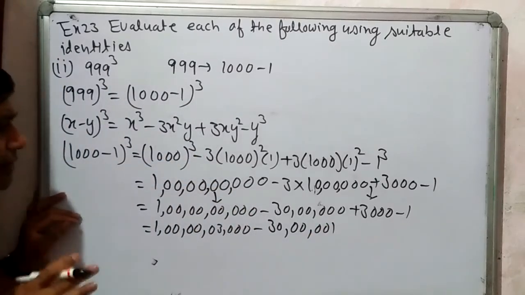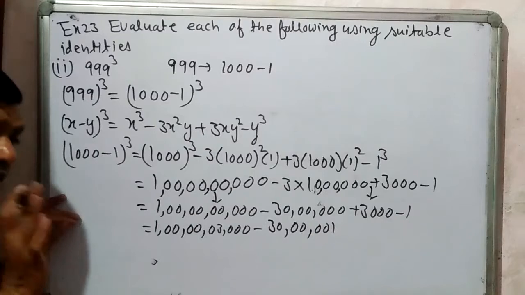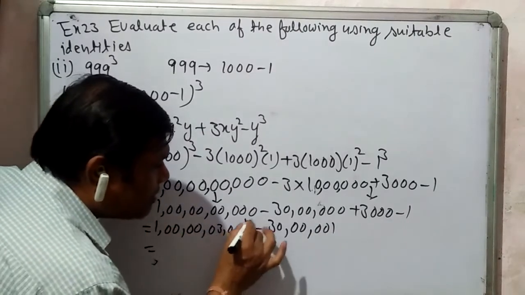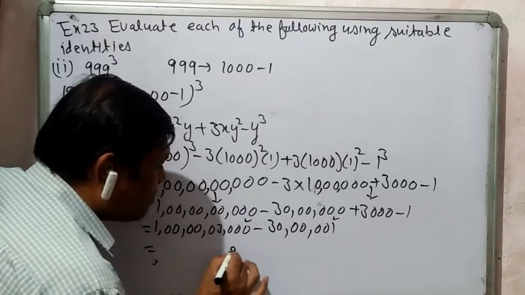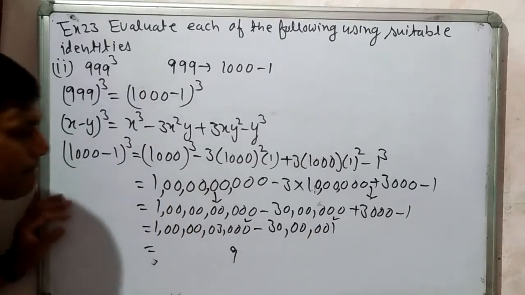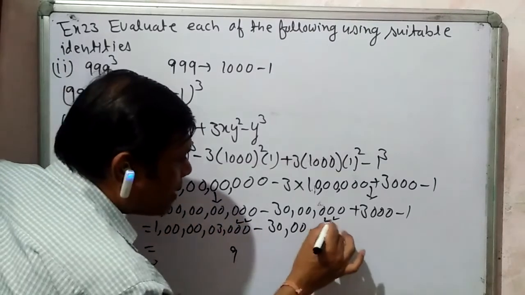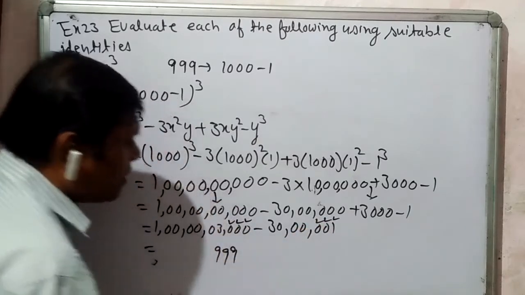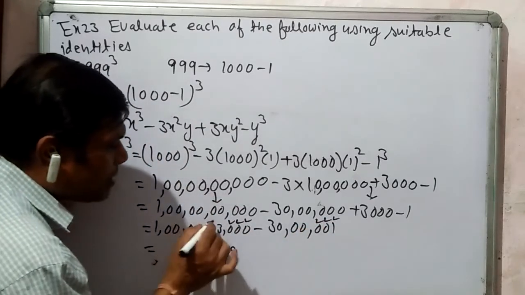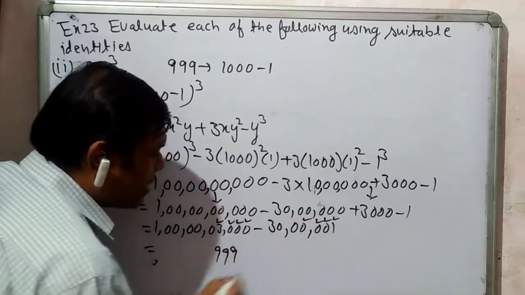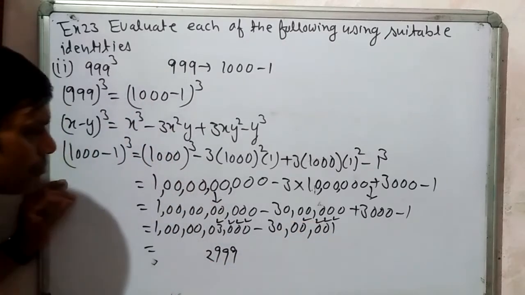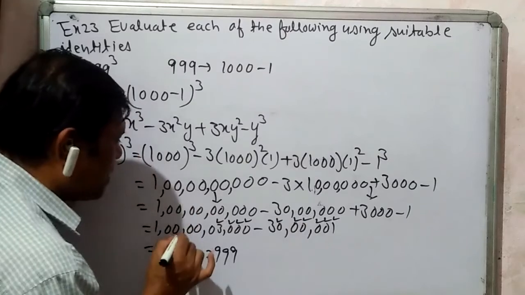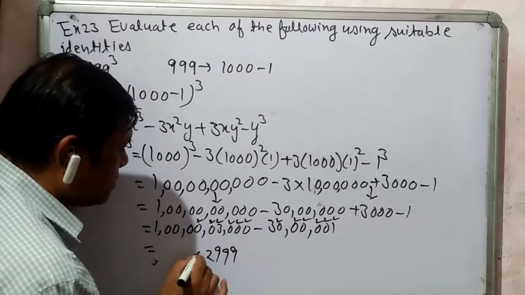Now you can subtract them separately in the rough or directly. Start from the ones place. 10 minus 1 will be 9. This will become 9. 9 minus 0 is 9. 9 minus 0 is 9. This 3 has remained as 2. So 2 minus 0 will be 2. Rest, how many places zeros are there? 2 places, 2 places.